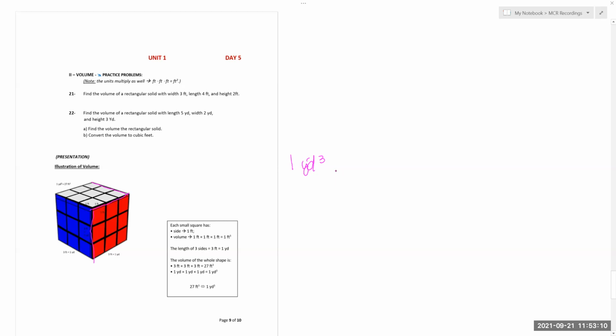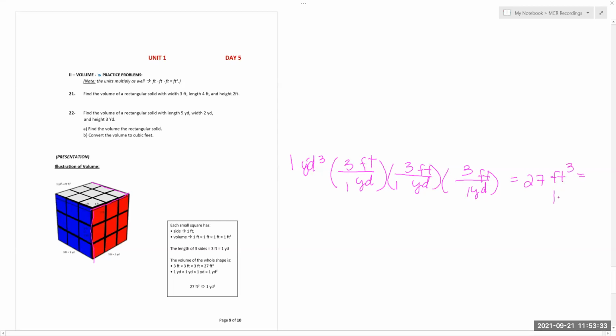So to do the yard cubed, you're actually doing the conversion 3 times to get to a foot. So there are 27 cubic feet in 1 cubic yard. And it's because that number is telling you how many times you have to do the conversion. It's a 3 by 3 by 3 or 27.